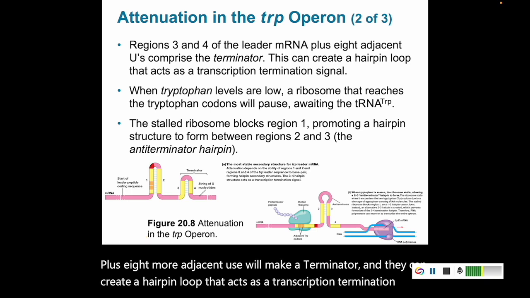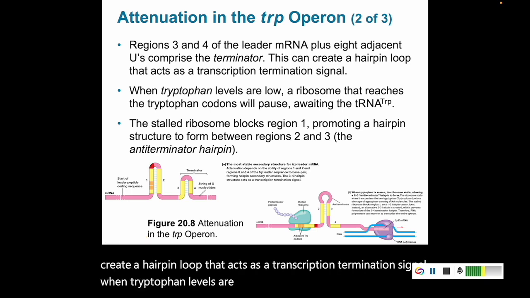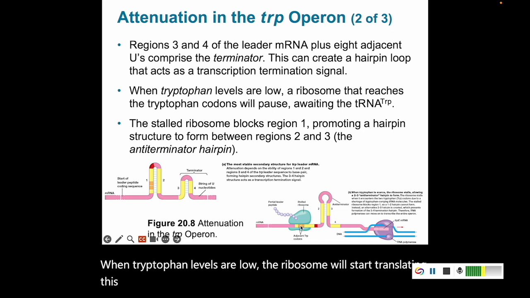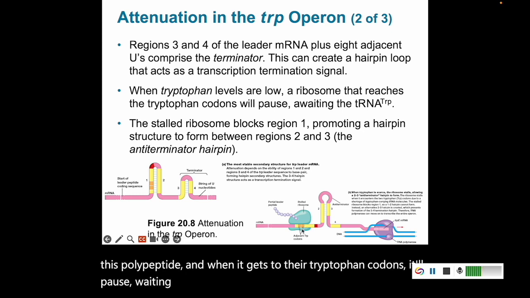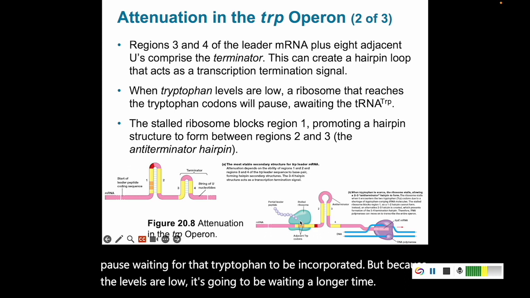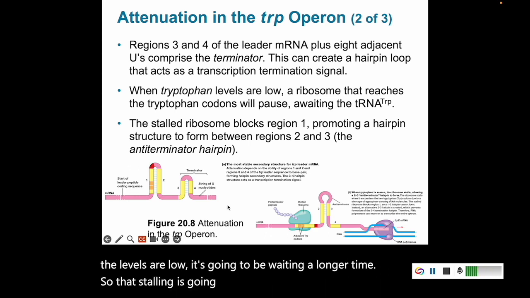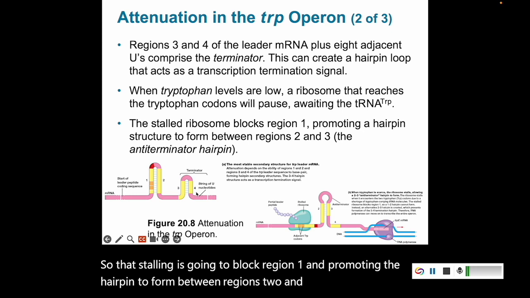When tryptophan levels are low, the ribosome will start translating this polypeptide, and when it gets to those tryptophan codons, it'll pause, waiting for that tryptophan to be incorporated. But because the levels are low, it's going to be waiting a longer time. So that stalling is going to block region 1 and promote the hairpin to form between regions 2 and 3.